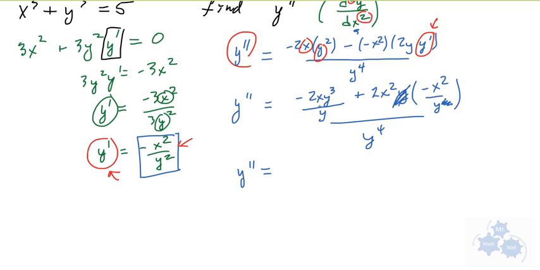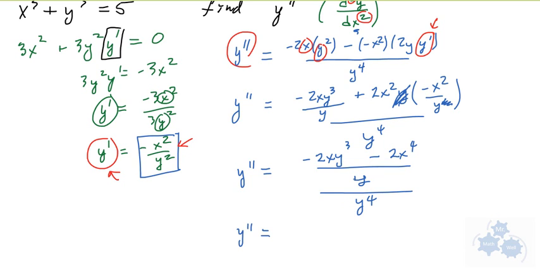All right, so what does that do for us? Well, this is negative 2x y cubed, and then this is going to be over here minus 2x to the fourth, and all these things are going to be over y. Don't forget, it's all over y to the fourth. Right? So when you get to this point, you keep going, and when you divide by two things, it's the same as dividing by their product.